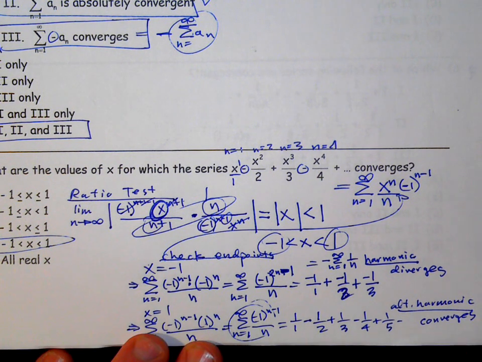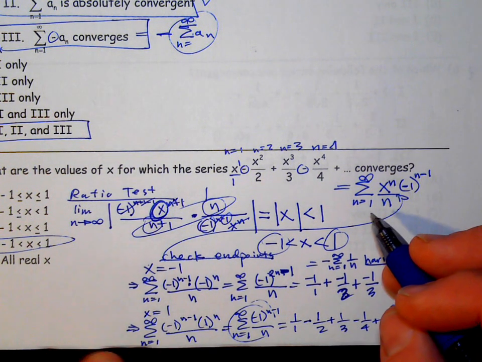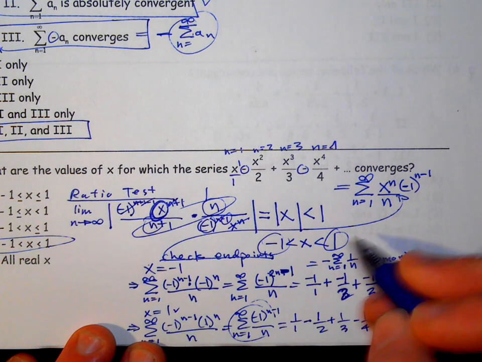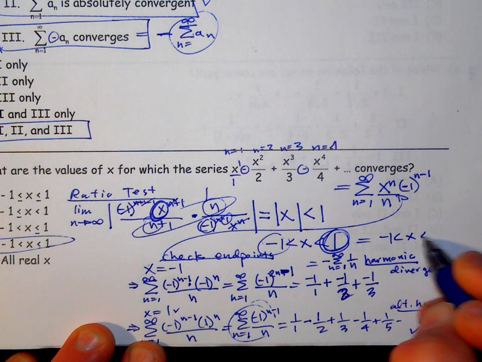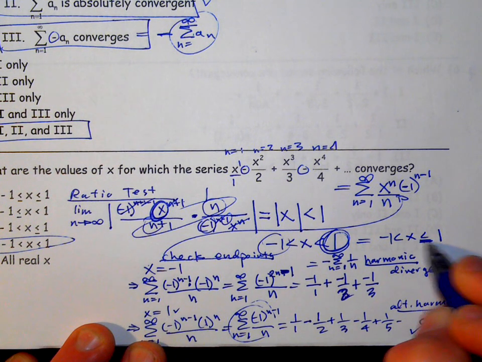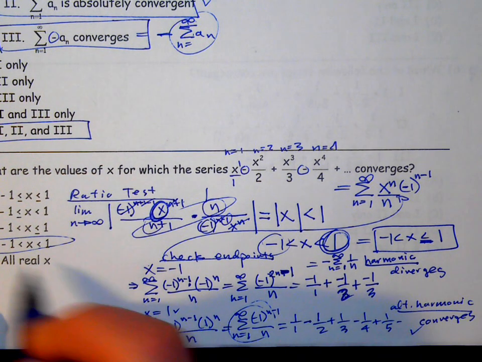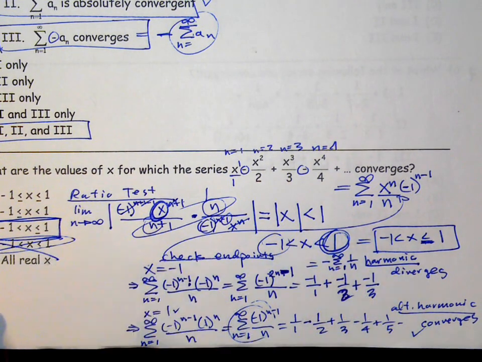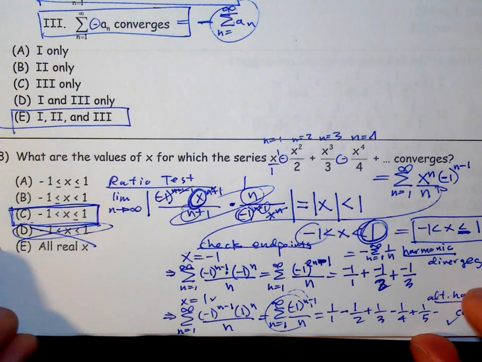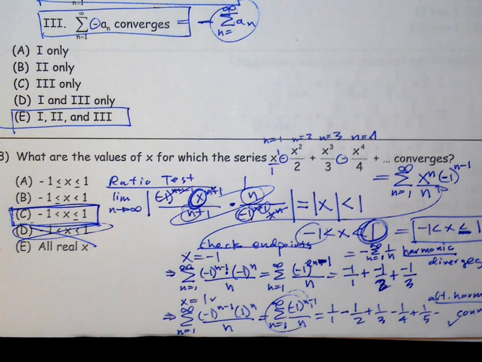So we are going to keep x equals 1. Your final answer is -1 to 1, or equal to 1. This is the right answer, answer C. So you have to check the endpoints.